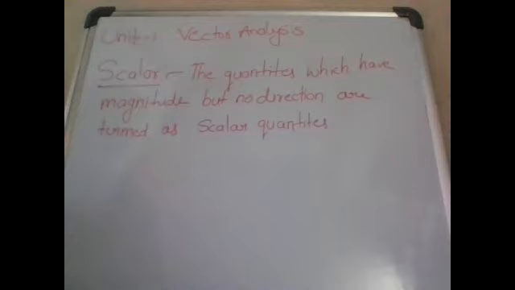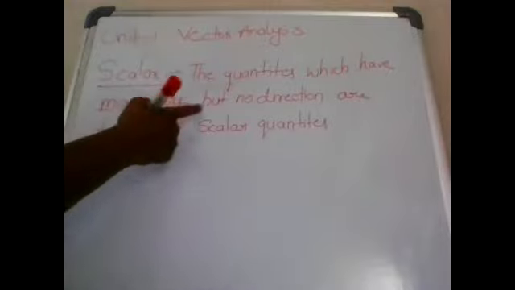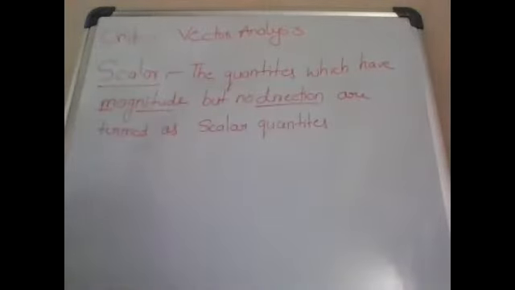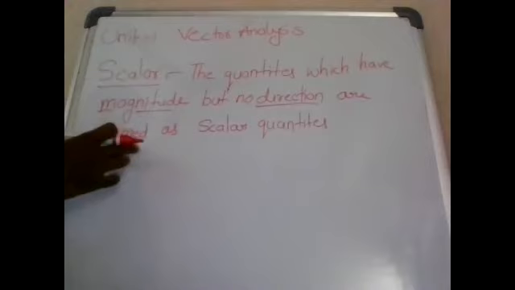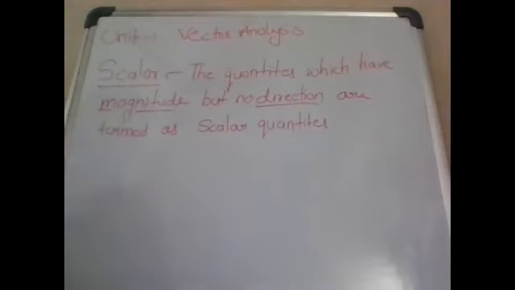So what is the scalar definition? The quantities which have only magnitude but no direction are called scalar quantities.